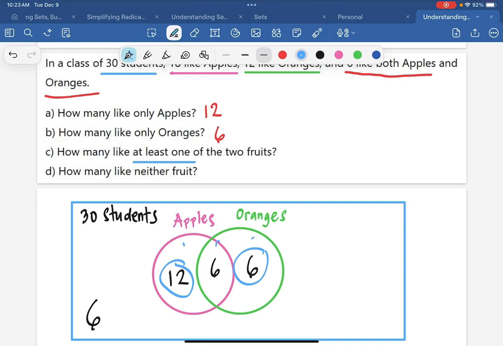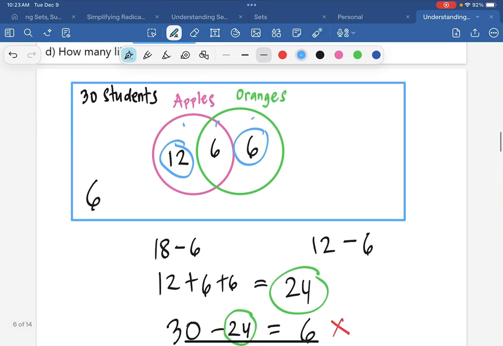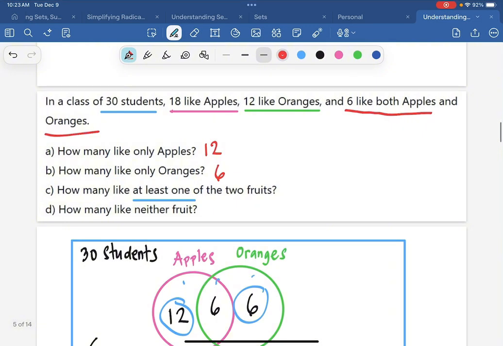So again, there are 24 students who like fruits. So that means the answer for this question on how many students like at least one of the 2 fruits is 24. And here, how many students like neither?